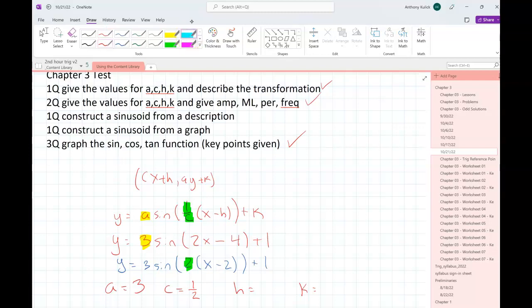What's H? Close. 2. Positive 2. Remember that the sign here is a negative sign, so the H is going to be the opposite of what it looks like in the formula. And then the K is 1. Okay.